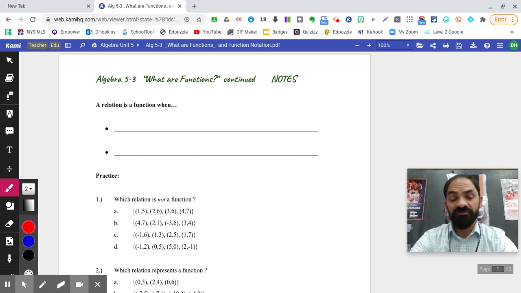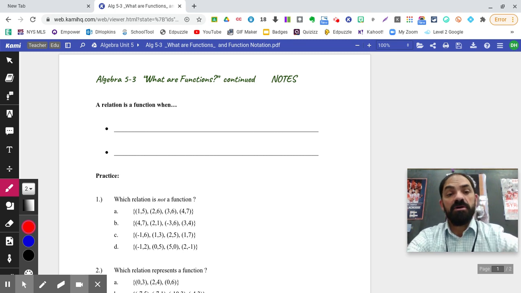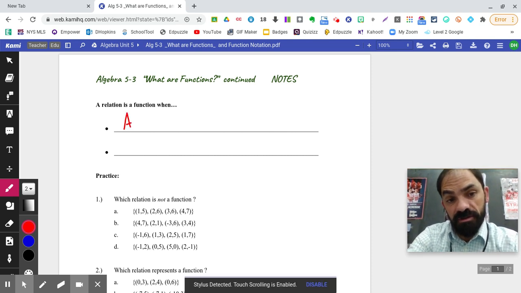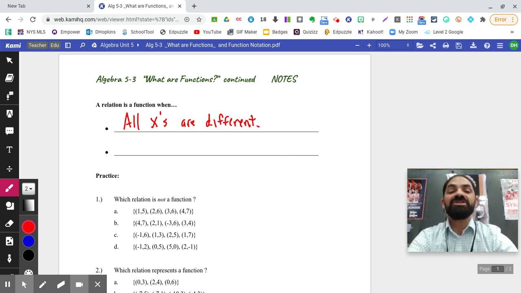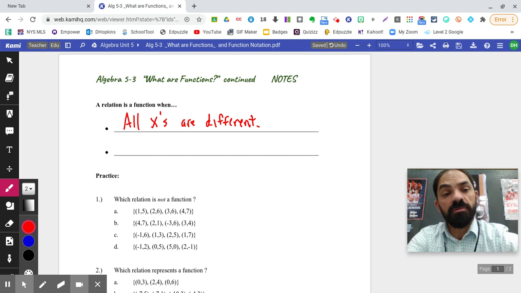A relation is a function when, first of all, the x's are different. Remember, each x could have only one y. So each member in the domain could only have one member in the range.